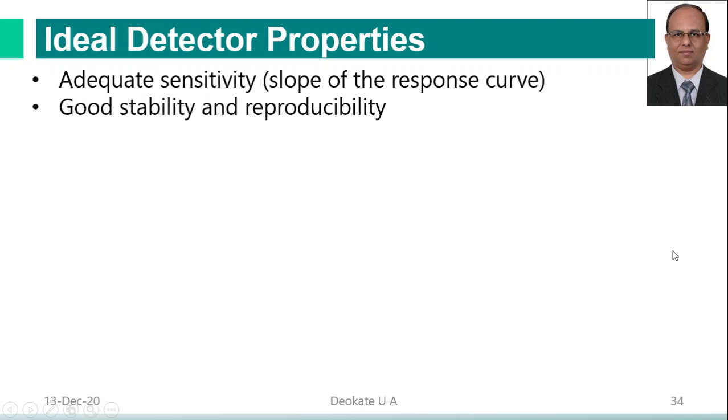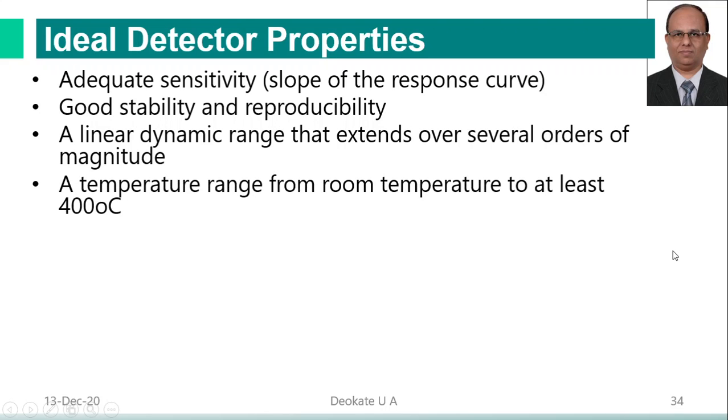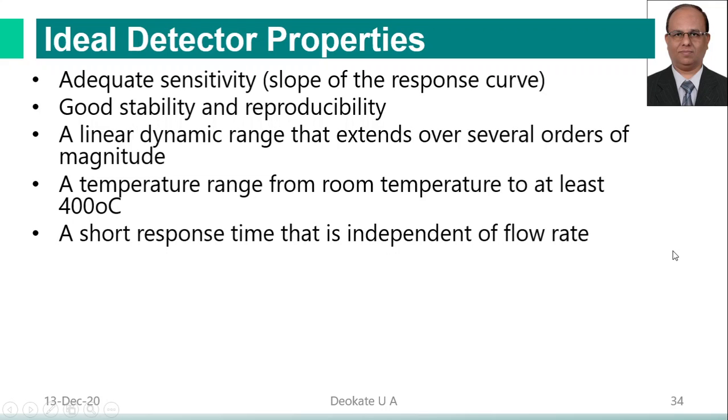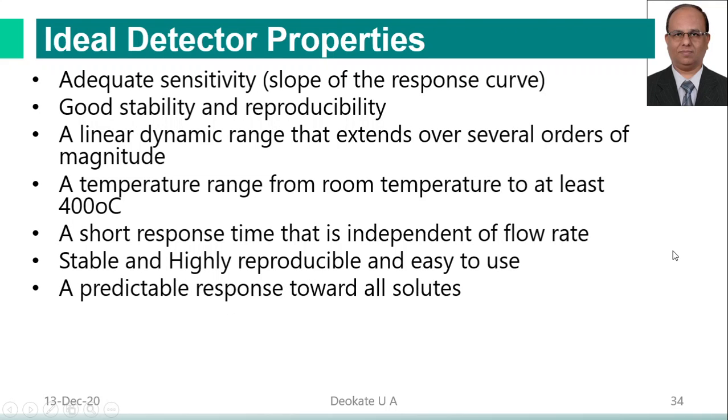It should have good stability and reproducibility, a linear dynamic range that extends over several orders of magnitude, and a temperature range from room temperature to at least 400 degrees centigrade. The detector should give a linear response. A short response time that is independent of the flow rate is an important characteristic of an ideal detector. It should be stable, highly reproducible, and easy to use.